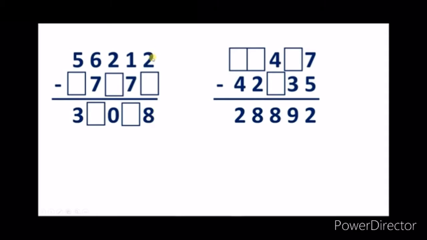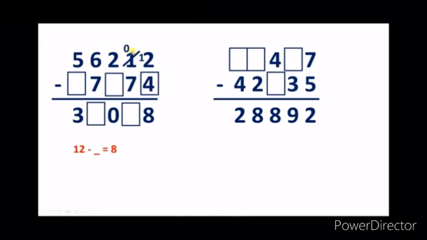But you can't subtract from 2 to get 8. So we know that they must have exchanged to make 12 minus something equals 8. So 12 minus 4 is 8, and because they exchanged, we need to exchange as well. So that 1 becomes a 0 to give us 12 in our units column.